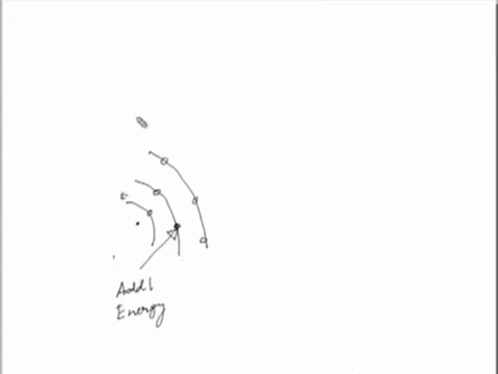Here this energy level is E1 and this is E2, which is greater than E1, and the energy level at this cell is E3, which is greater than E2. That means the electrons at this cell will have the highest energy level.